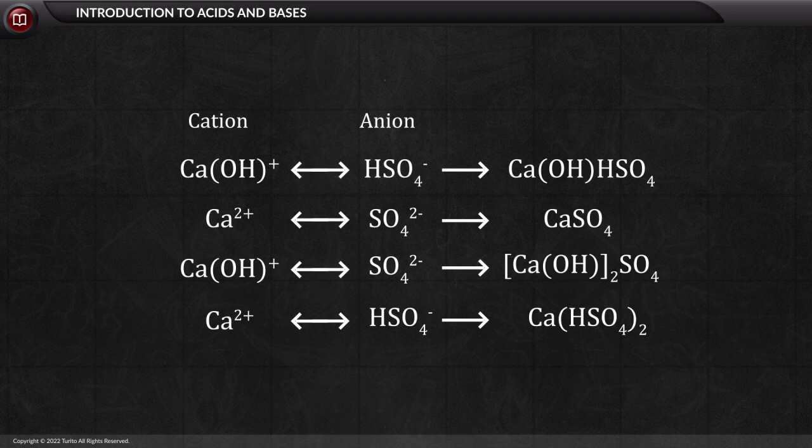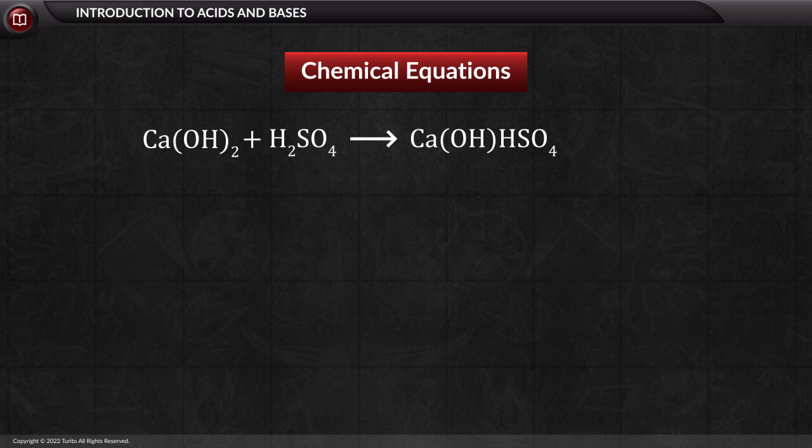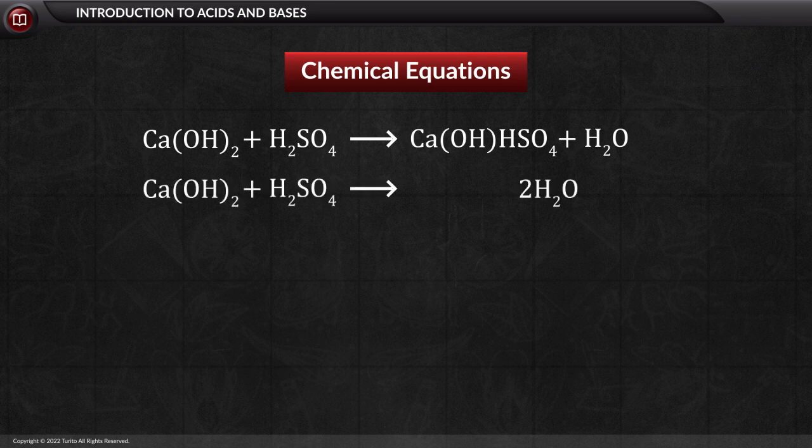The chemical reaction related to the same can be stated as Ca(OH)2 plus H2SO4 gives Ca(OH)HSO4 plus 1 mole of water. When 1 mole of each is reacting to form 2 moles of water, salt obtained is CaSO4.